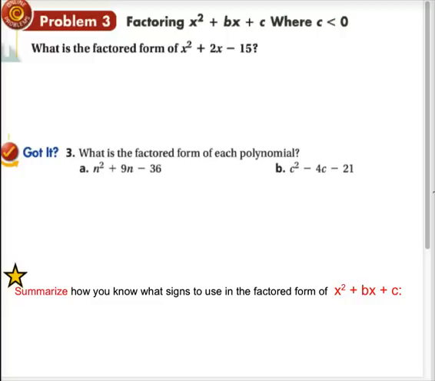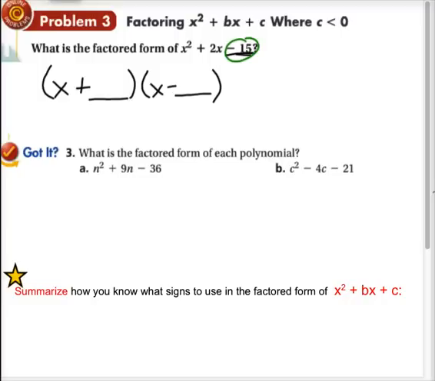So again, the first thing I notice is my C is negative. So I already know right off the bat, I'm going to have x plus a number, x minus a number. I can already make that skeleton, okay? And so now we need to consider ways to multiply to give us negative 15.